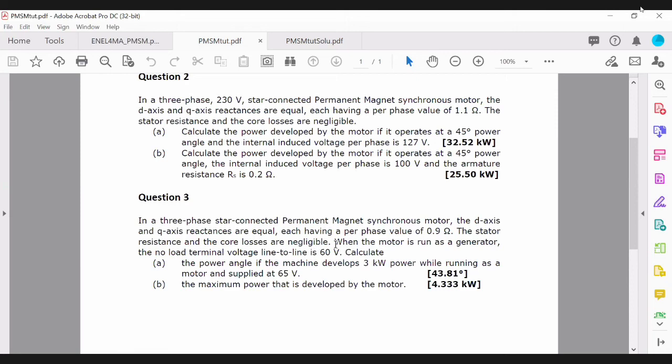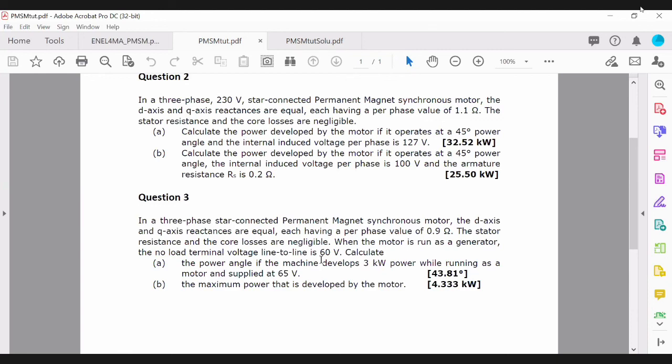So which is telling you that when the motor is running at no load, you have only the field due to the permanent magnet acting on the machine, and obviously it's generating a voltage which is 60 volt, right? So remember that at no load condition, your terminal voltage will be equal to the induced voltage, because the current passing in the stator side is 0.